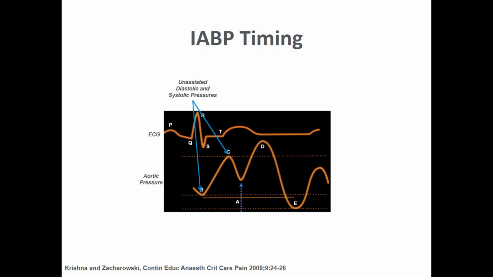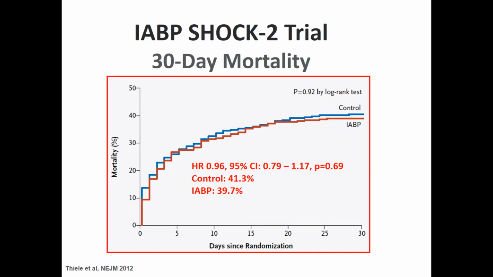You see the unassisted pressures, the inflation at the dicrotic notch generating an augmented pressure in early diastole, and then the end diastolic deflation that lowers diastolic and systolic pressures on the subsequent beat. So this is a normal balloon waveform, and the timing may need to be adjusted based on the ECG signal or the pressure signal to optimize the waveform.